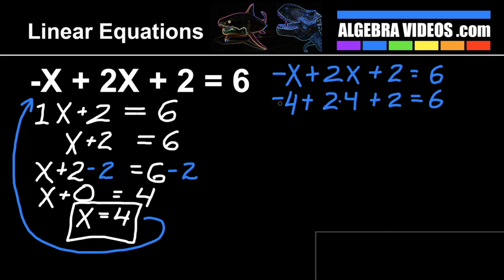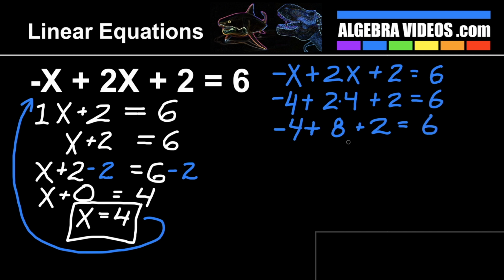So now let's simplify again. Negative 4 is going to stay the same. Let's just bring that down. Plus 2 times 4 is 8. So 2 times 4 is 8. Plus 2 stays the same. Nothing new. We're just bringing that down. Equals, and on the right side, 6. We're just bringing that down.